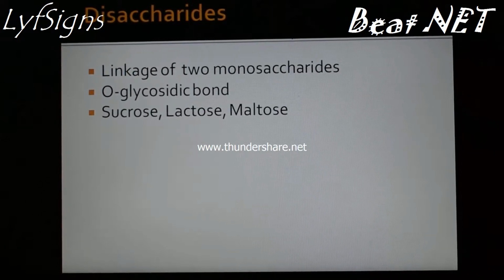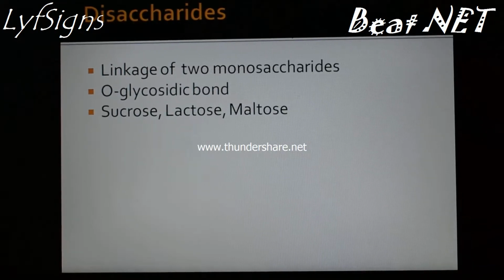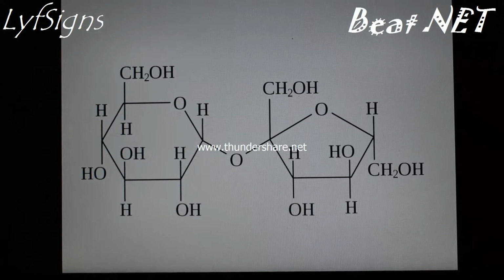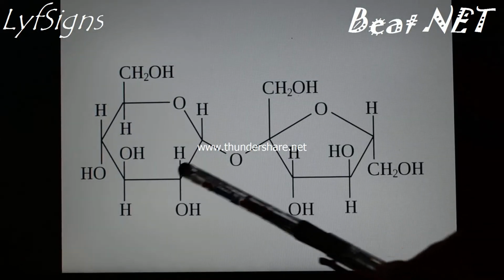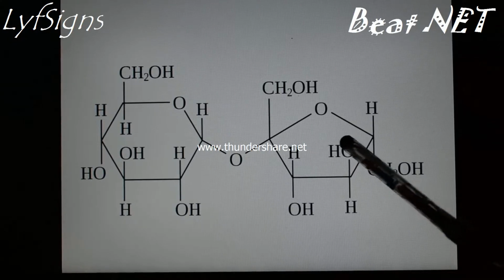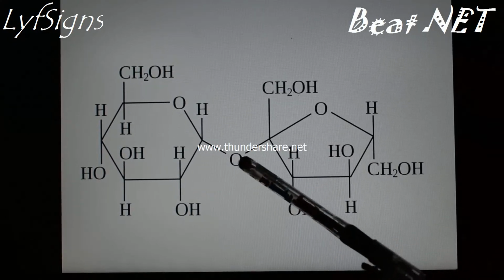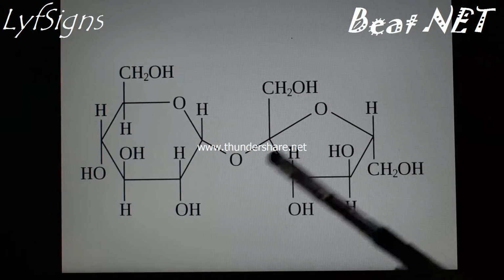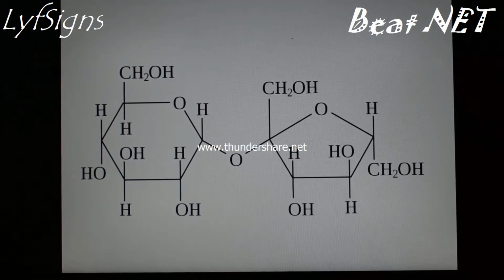Then come disaccharides. When two monosaccharides are linked by a glycosidic linkage, it is called a disaccharide. Common examples are sucrose, lactose, and maltose. Here you can see the glucose moiety is connected with the fructose moiety by a glycosidic linkage.